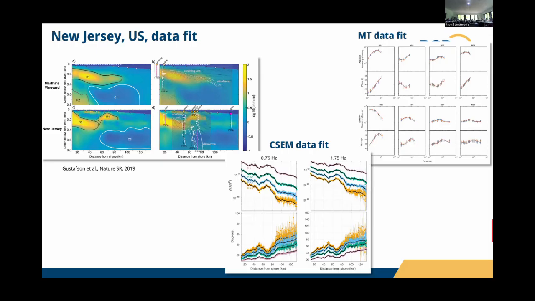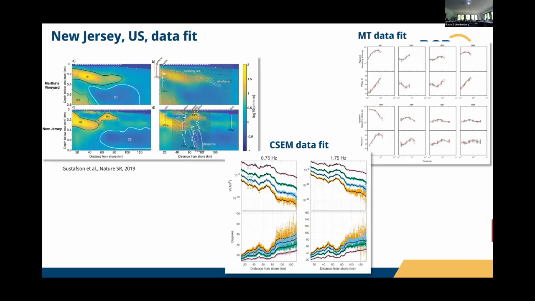So EM does not resolve fine inner structure. For modeling reasons, you have to make this numerical grid behind this very big. So which part of the resistivity model do you show in your paper and your presentations? It depends how much can be resolved from your data.